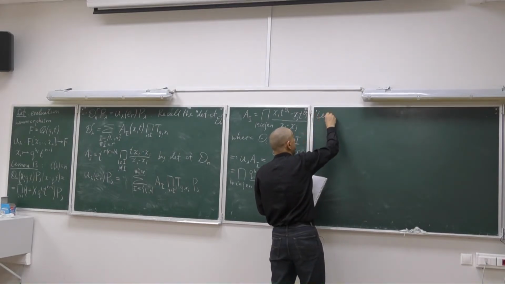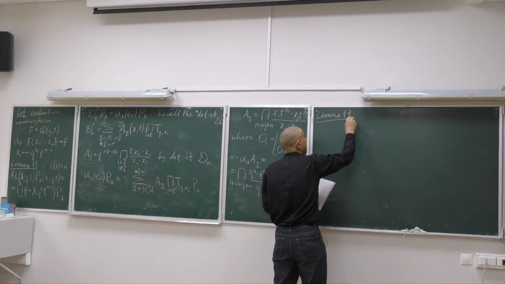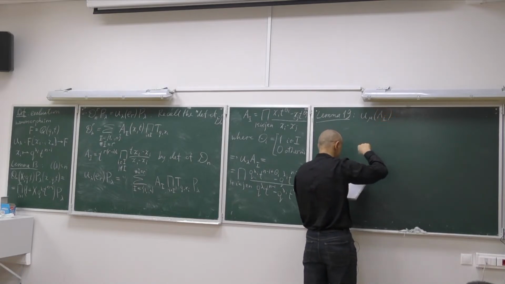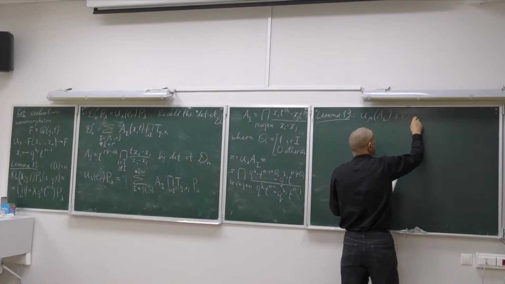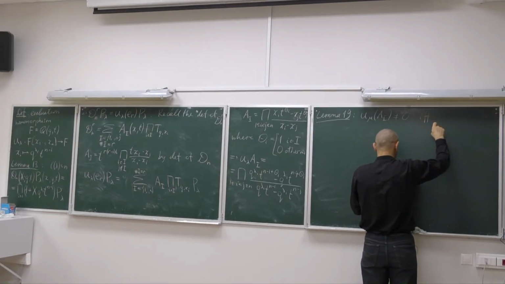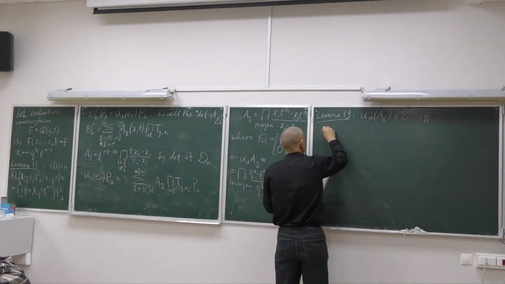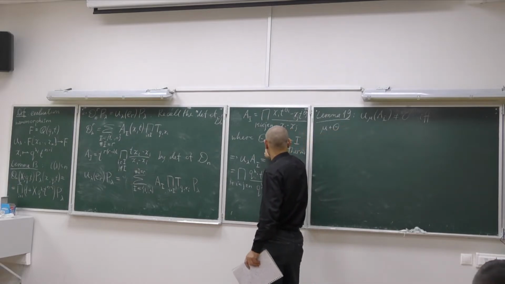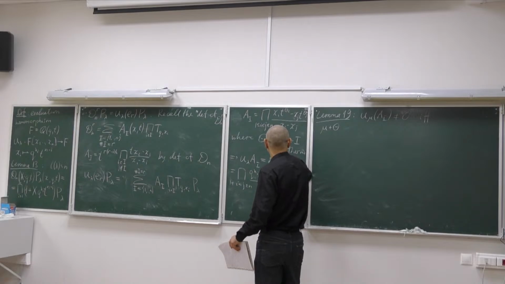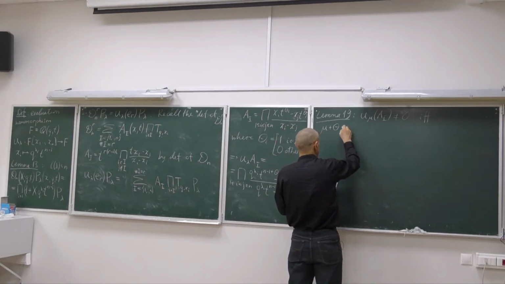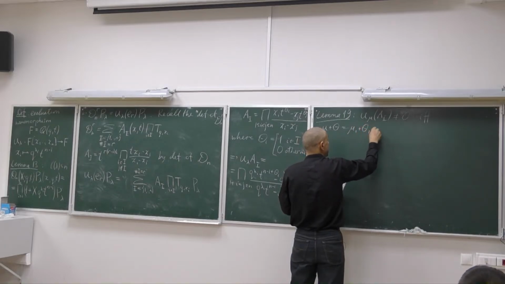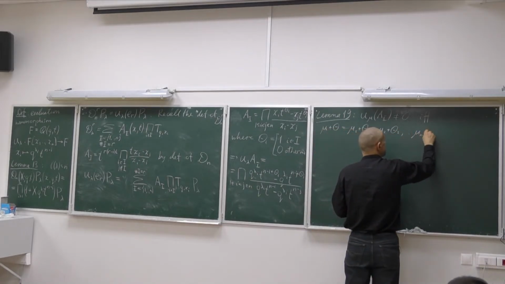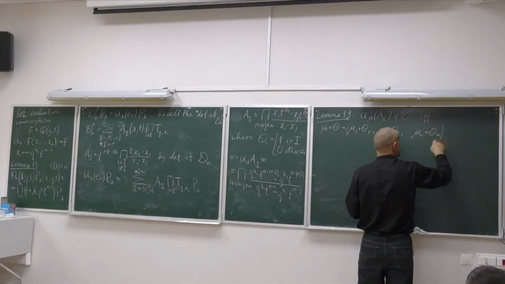So next lemma says that the evaluation of the coefficient is non-zero if and only if mu plus theta, so theta is this function, it's not a partition at all, just some zeros, some ones, but this is mu1 plus theta 1, mu2 plus theta 2, and so on, mu n plus theta n, is a partition.